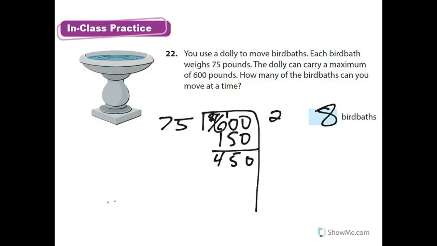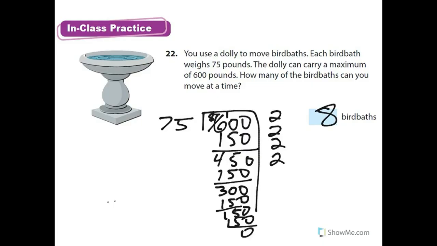Let's do that again. 2 times is 150, 300, 2 more, 150, we've got 150 left, and then 2 more, we got 150. So 2, 4, 6, 8, same number.